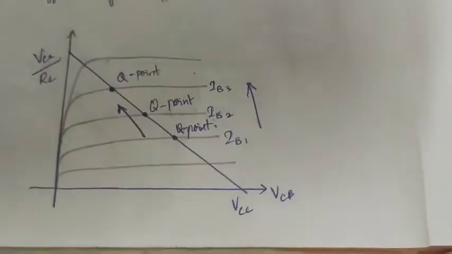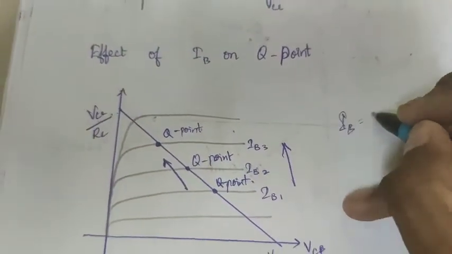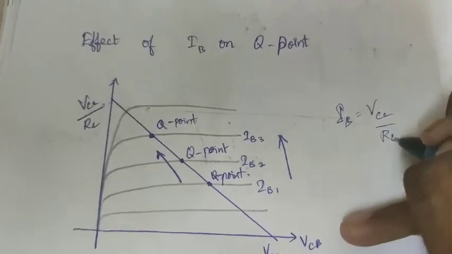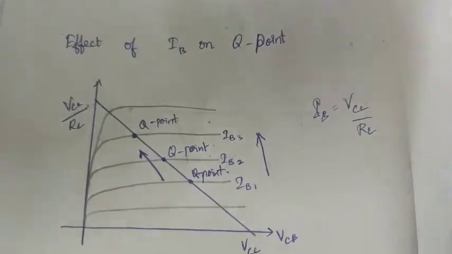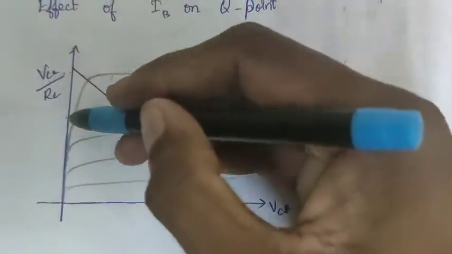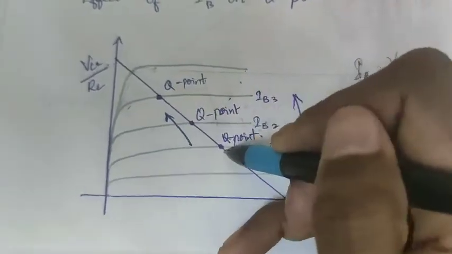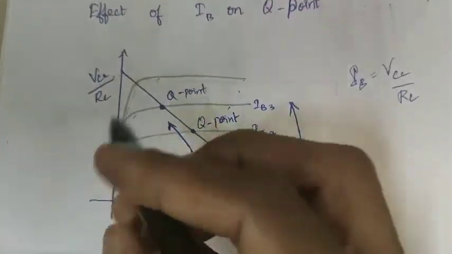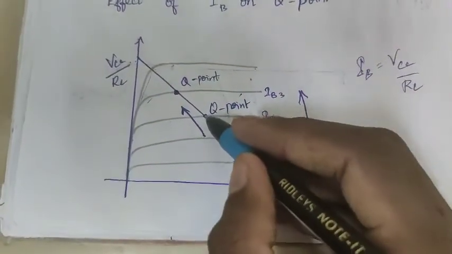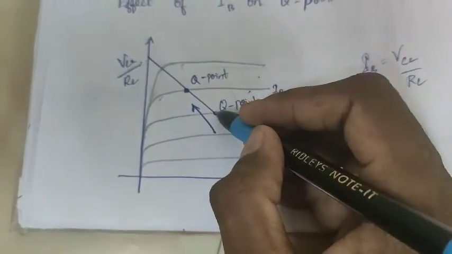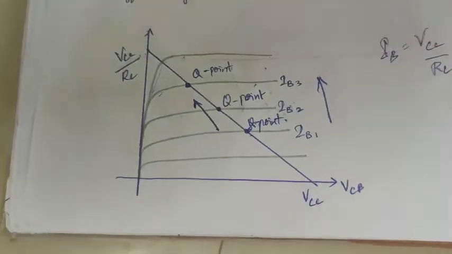And the effect of IB on Q point. For Q point purposes, for different plots of the graph, different positions of Q point occur. For example, the topmost Q point occurs first, and the one below it occurs a little bit further, and the next a little bit further still.